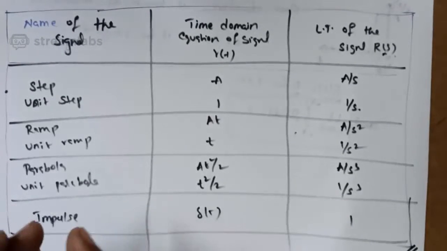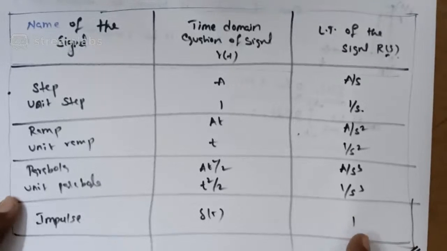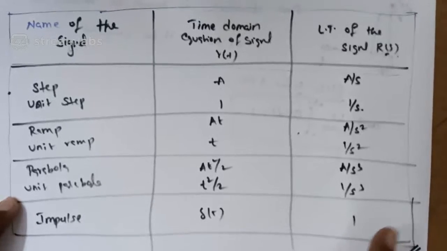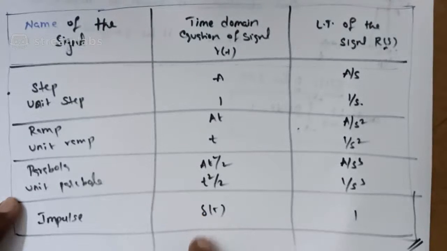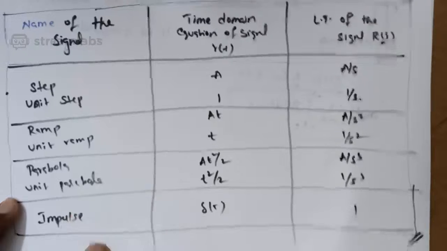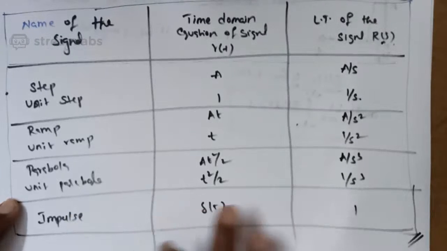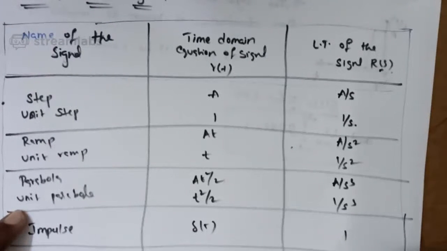So we are going to analyze the signals with respect to time. These are the input signals with respect to s, and R of t is the input with respect to time. We are going to find the response analysis with respect to time. By using these signals, we can apply step signals to systems. We are going to find the time response analysis.